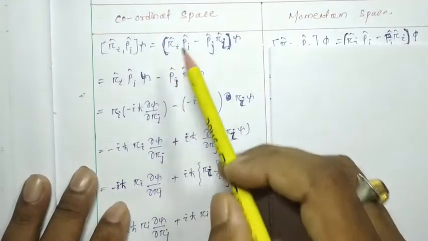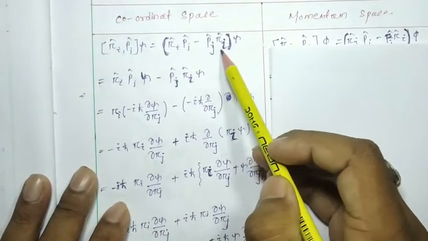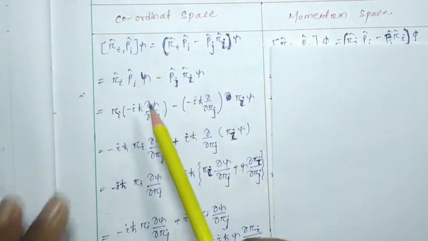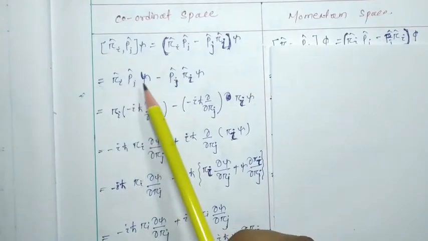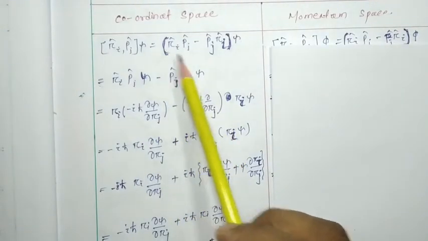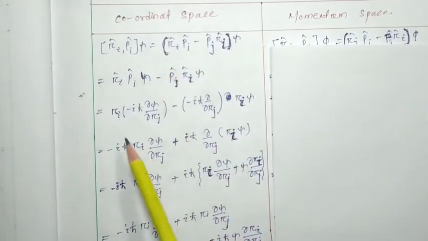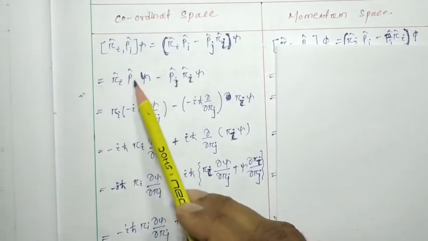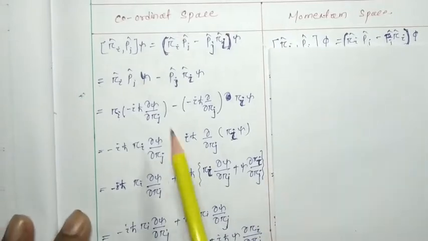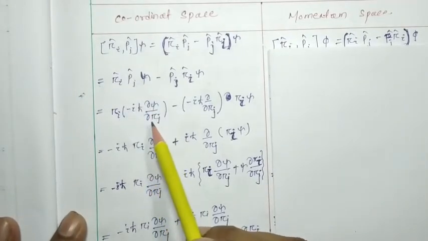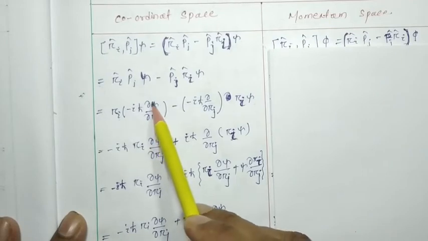So this will be written as Ri cap pj cap minus pj cap Ri cap psi. Here Ri cap pj cap psi minus pj cap Ri cap psi, I have removed the bracket. Here the pj cap value is nothing but minus i h cross del by del Rj operated over psi.